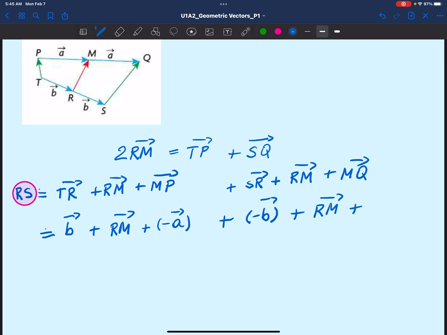So notice the convenience of using a lowercase letter to describe a vector. It's easier to see that these two vectors, for example, are opposite than seeing that, well, TR and SR are opposite. So this is a more obvious resemblance of vectors. So now we are simplifying. You see that we have vector B and negative B, two opposite vectors which will add to 0.